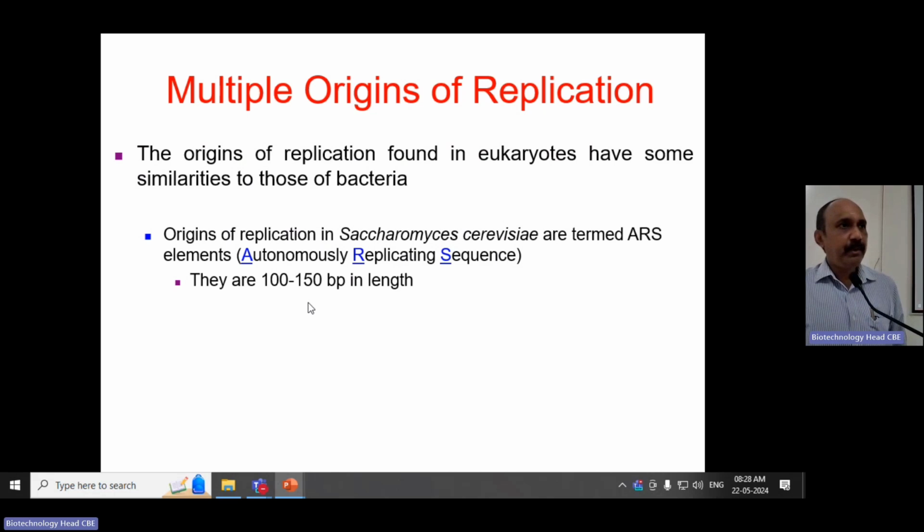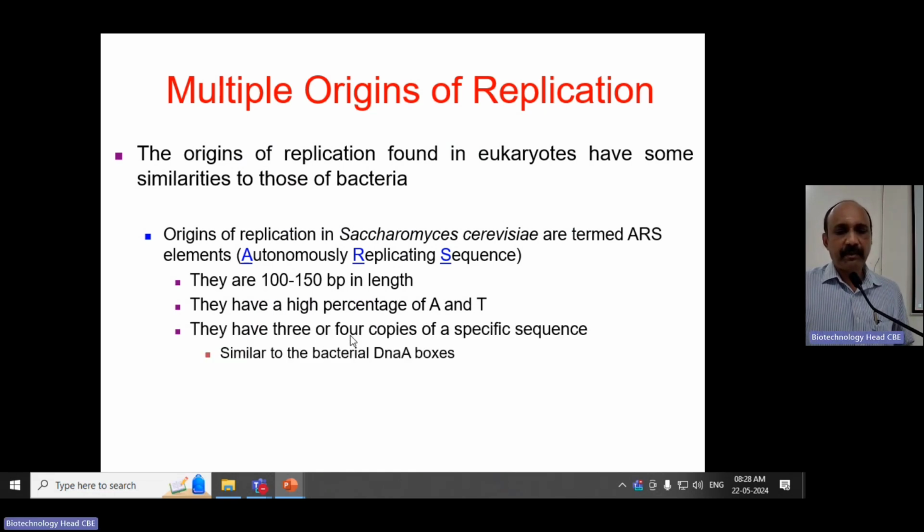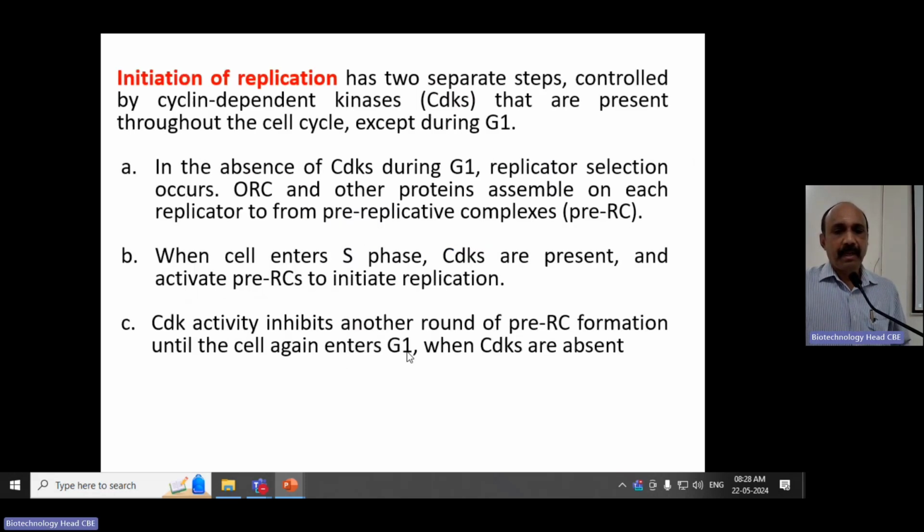These are all 100 to 150 bases in length, and they have the same requirements. It is an AT rich region, with a high percentage of A and T, and has 3 or 4 copies of a specific sequence which is similar to the bacterial DnaA boxes.